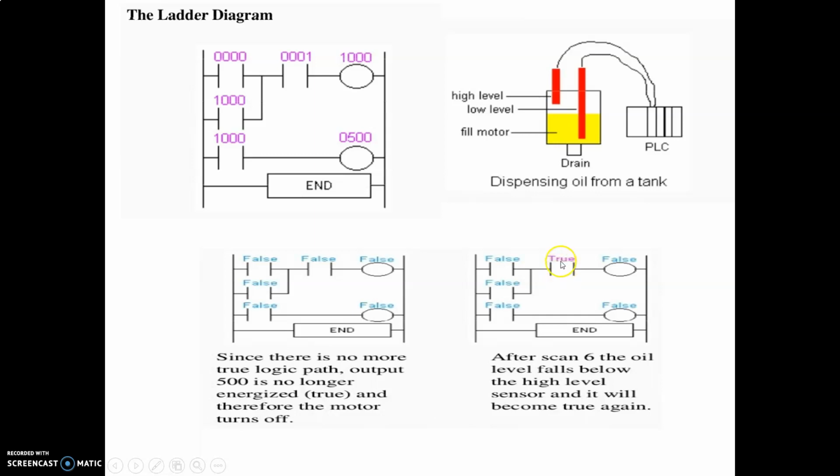But even if this becomes true, this is still false because the level of the liquid is above the low level sensor. In that case, this relay coil will not get activated, and if it is not activated, our motor is also not activated. So whatever purpose we require here is getting fulfilled. So this was a simple example of a ladder logic diagram along with the numerical.